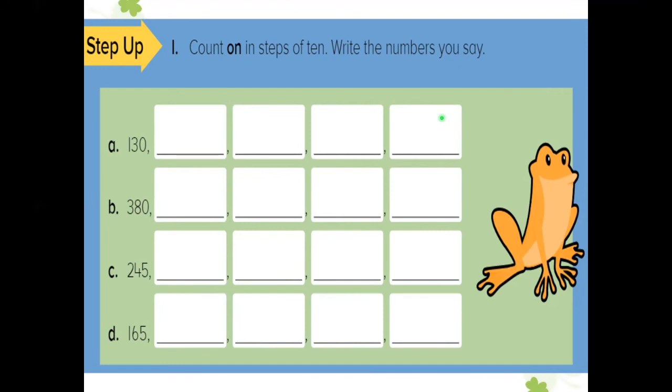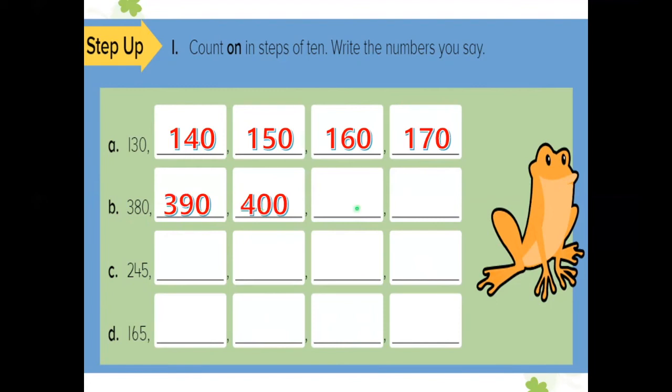Okay, in your book on page 14, we have here Step Up: count on in steps of 10. Write the numbers you say. Okay, so we have here letter A. 130 plus 10 is 140. Next, 150. Next, 160 and 170. Very good. How about letter B? 380 plus 10 is 390. Very good. Plus 10, 400. Plus 10, 410, and very good, 420.